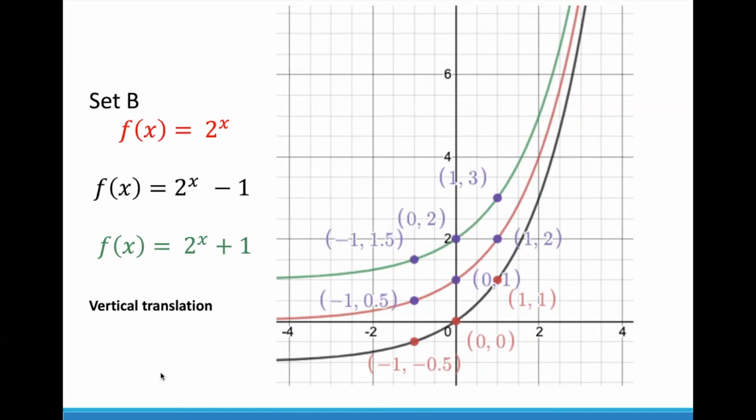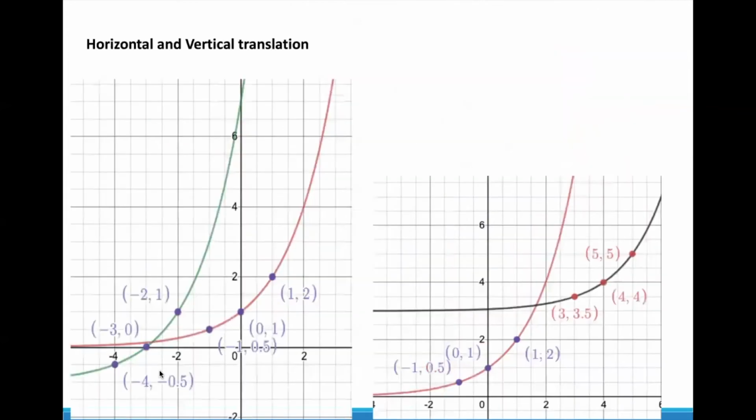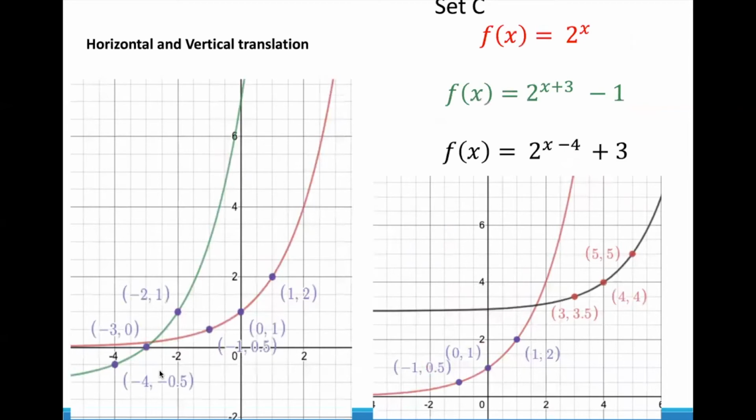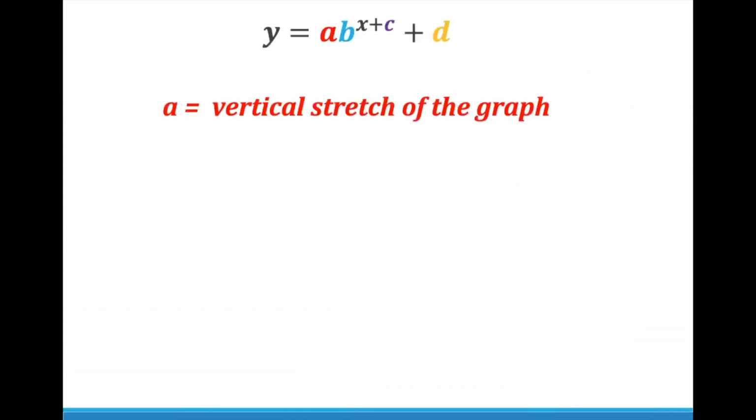So this is the vertical translation of the graph. It's possible that we have both horizontal and vertical translation. Here, this is 3 units to the left and 1 unit downward. Here, 4 units to the right and 3 units upward. So that's the translation of the graph.